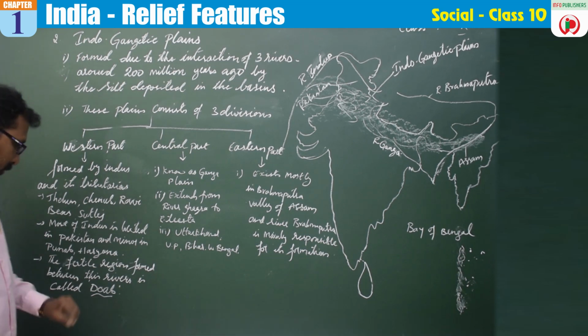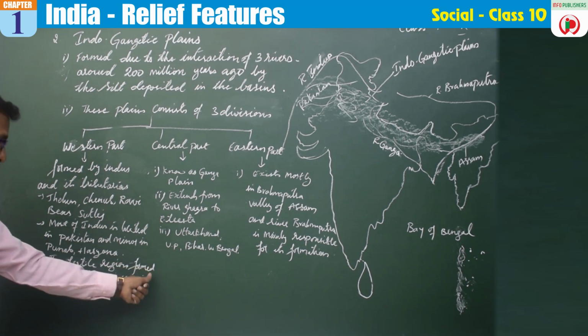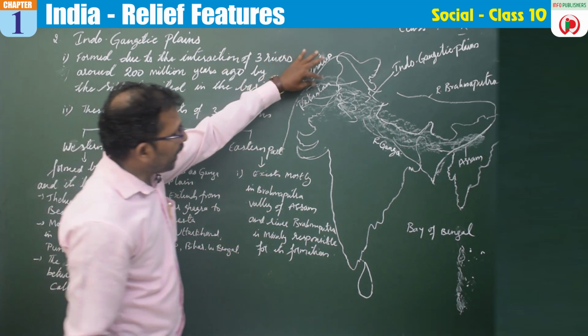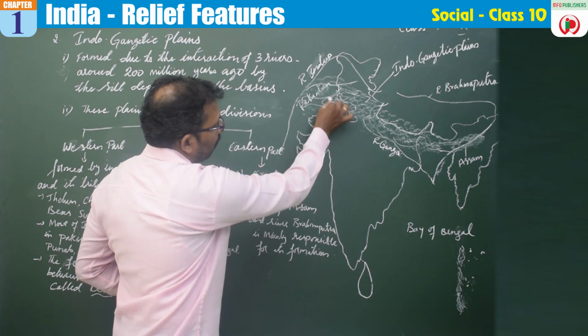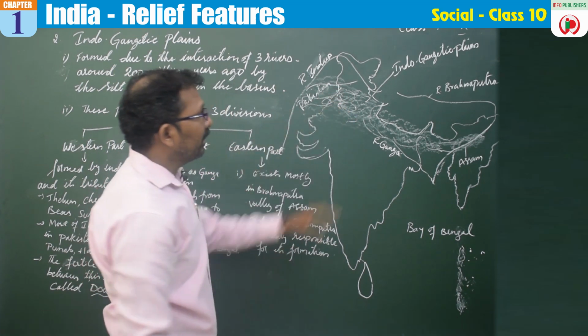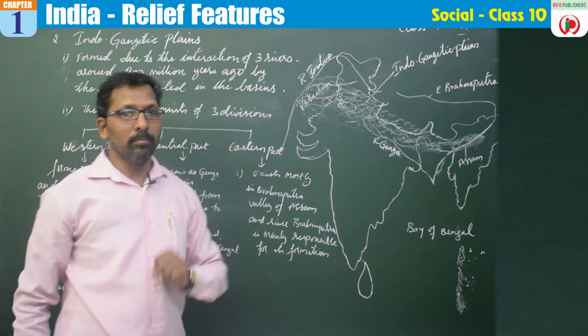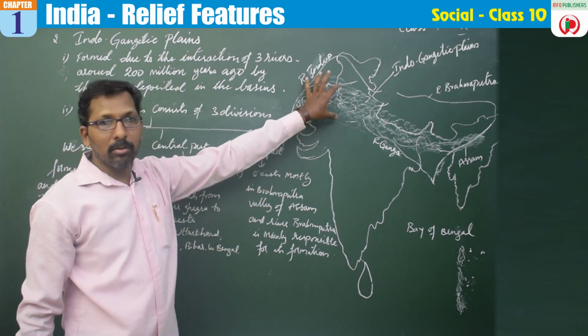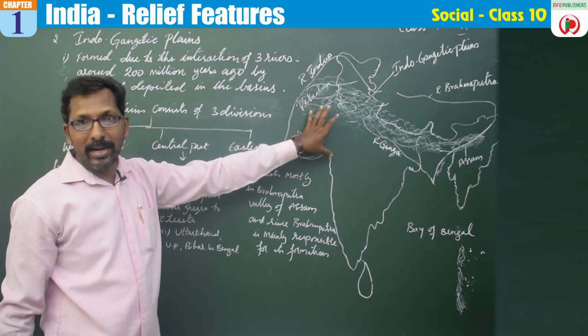What is Doab? The fertile region formed between these rivers is called Doab. So Doab means fertile region. Okay, so hope you have understood about the western part of the Indo-Gangetic plain.